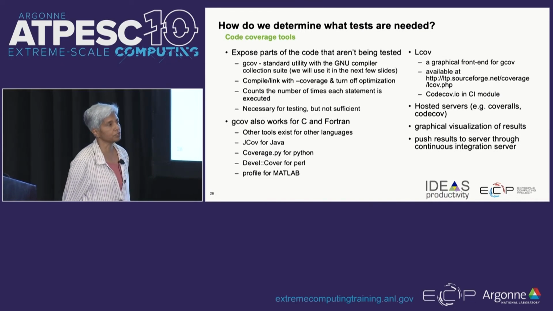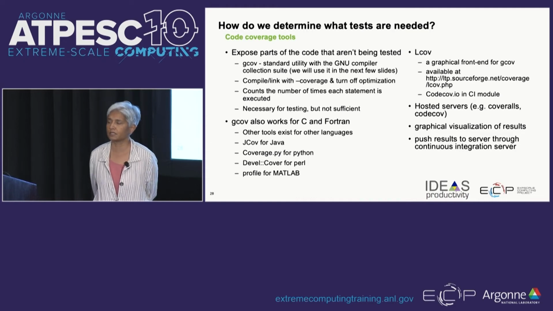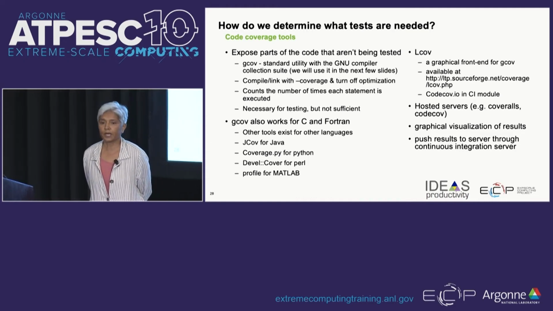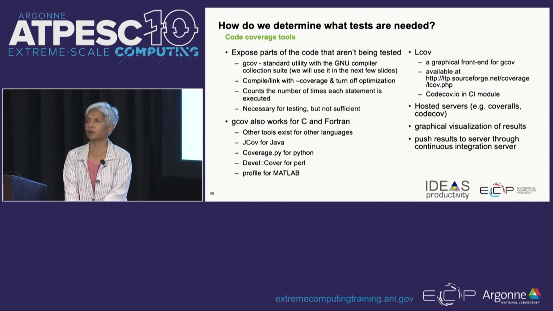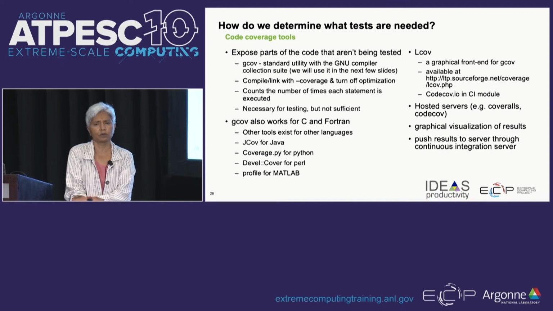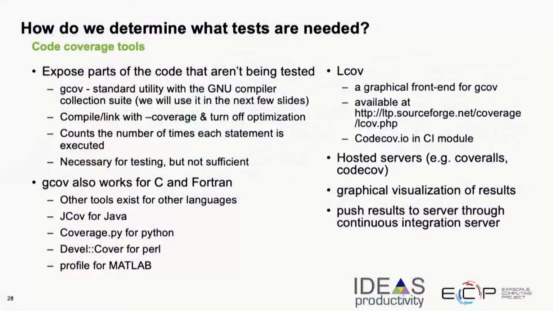So how do we determine what tests are needed for the code? There are code coverage tools that tell you about the lines of code that have been exercised in the code. That is again your first line of defense, and these utilities, gcov and lcov, come with the compilers, I think, yeah, they do, and they give you information about the lines of code that have been covered.